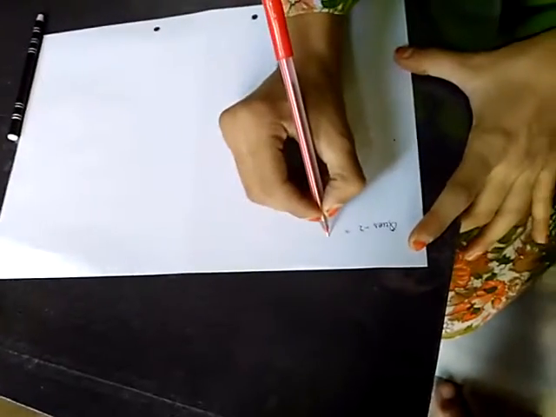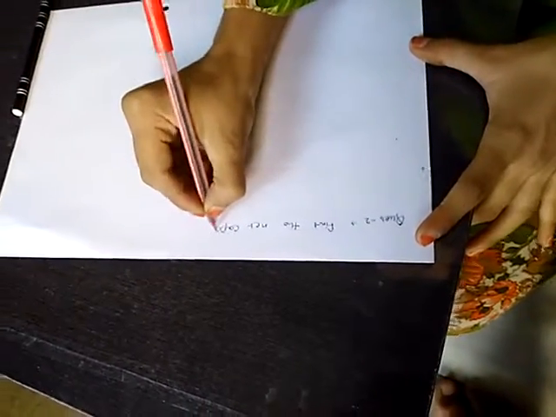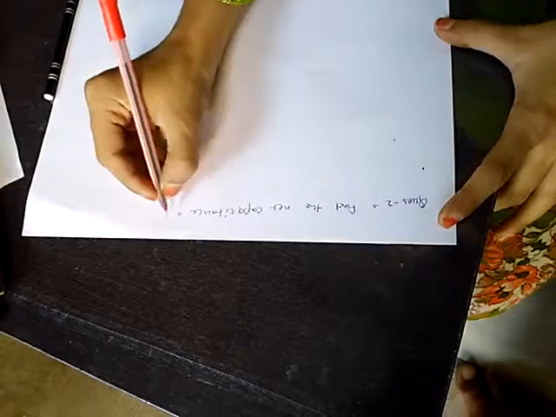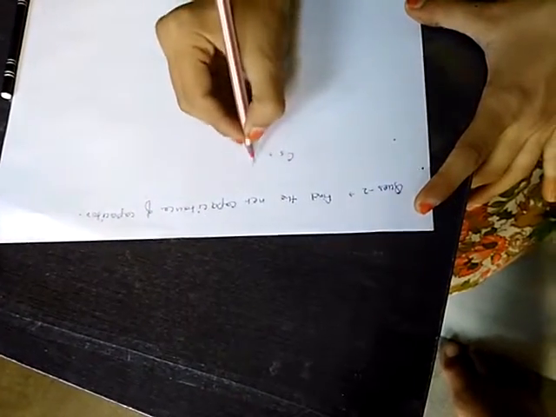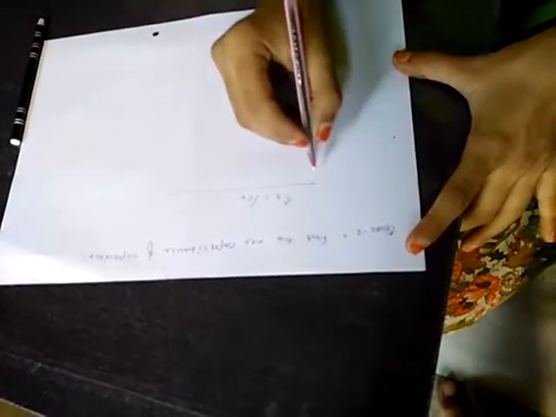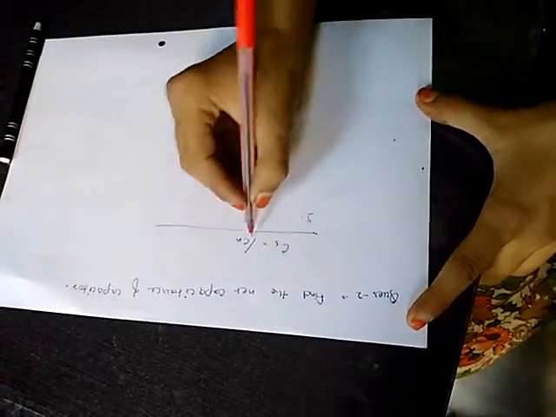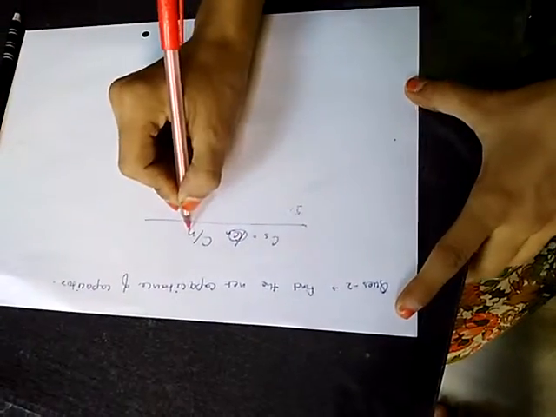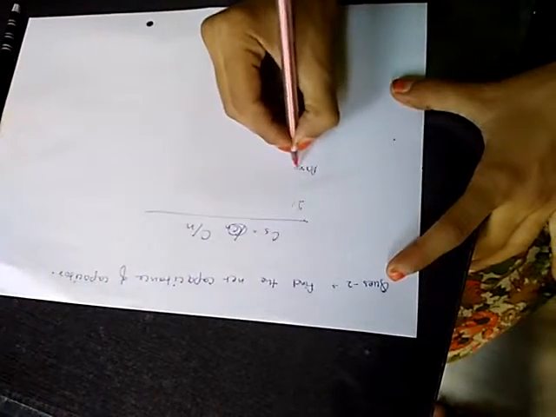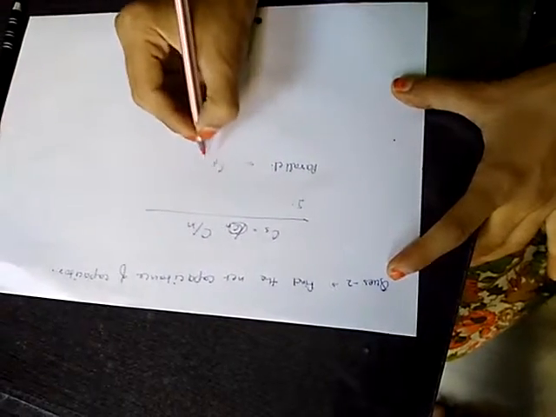If you have to find the net capacitance of capacitors, we use the formula Cs equal to C upon n, if capacitors are in series, and if capacitors are in parallel, then Cp is equal to C into n.